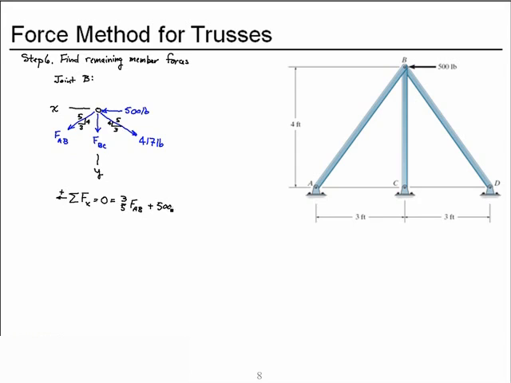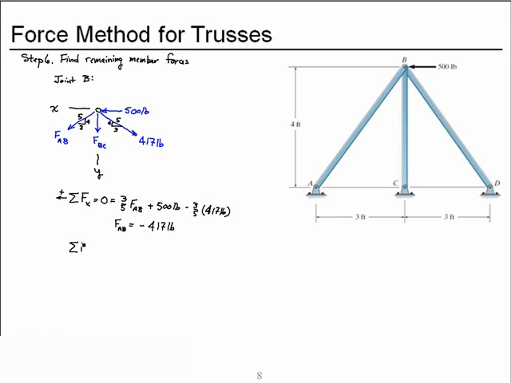We have a full 500 pounds positive contribution from the applied lateral load. We have a -3/5 of the 417 pounds, which is the force in member BD. That's one equation, one unknown. We'll solve it for the force in member AB and find it's a negative 417 pounds. So member AB is in compression.